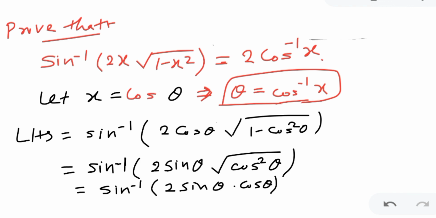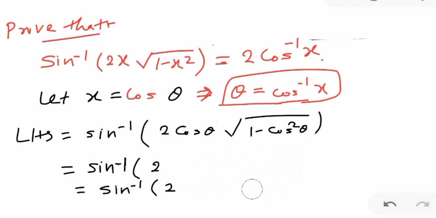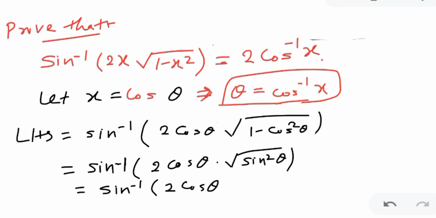If you see, just this will change, correct? 2 cos theta and 1 minus cos square theta will be sine square theta, so square root of sine square theta. What I am trying to tell you is that using the same method you can solve multiple questions. So just have confidence, do properly, do some hard work, give some time, okay?